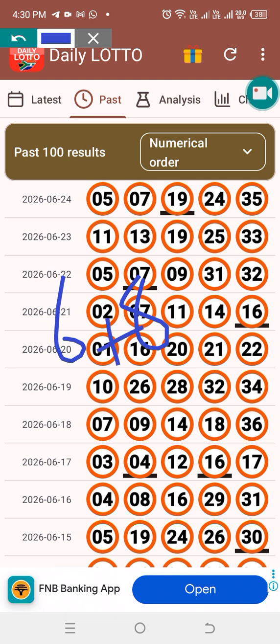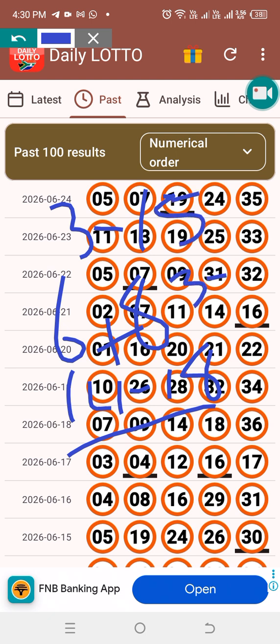So that means 14, 18 as a suspected pair, and the 3, 15, and the 3, 16, because they move along. Then 18, 36 as a pair.